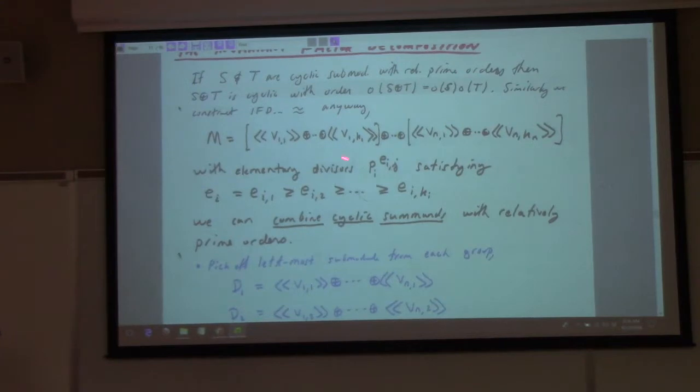We can combine cyclic summands with relatively prime orders, actually. So we can take the different p-primary components and mix them together. We can mix them together if we're strategic to take copies of just one prime of each summand, right?